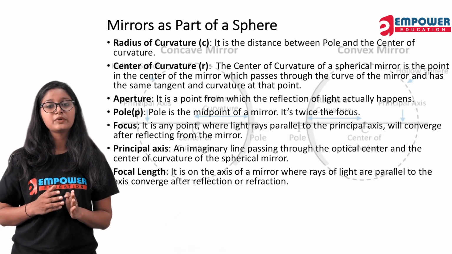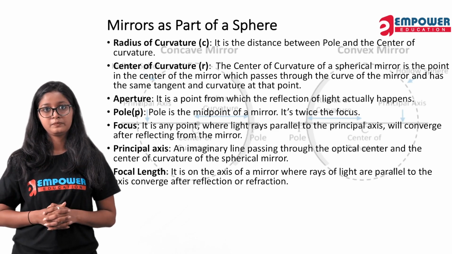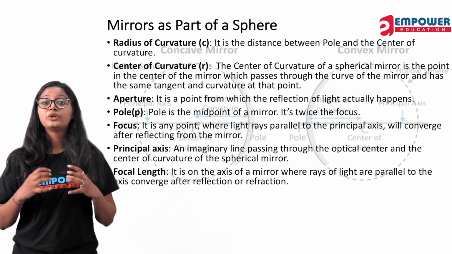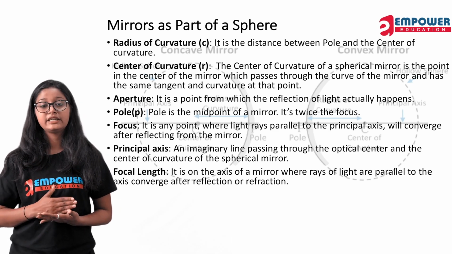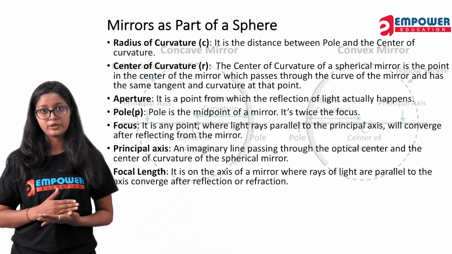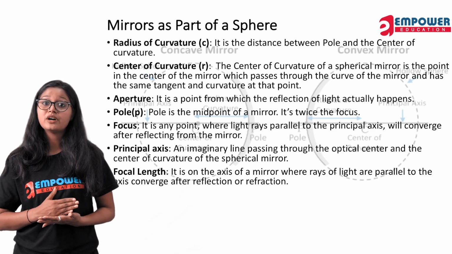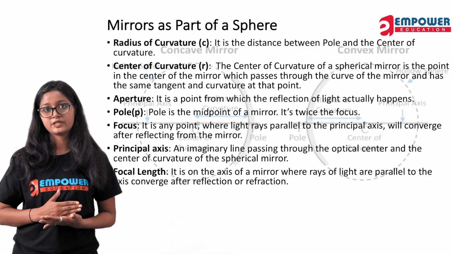And the distance between the focal point and the pole is the focal length. So these are the terms which are very important related to spherical mirrors. You should know clearly the definition of all these points, since they are very important when we draw a ray diagram using a concave mirror and a convex mirror.